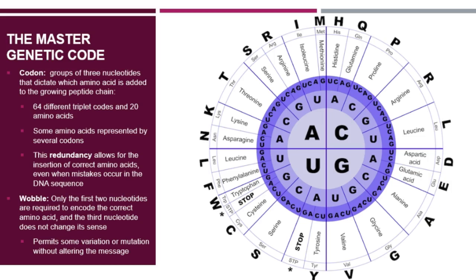The third nucleotide doesn't change the amino acid. So this also allows for some variation or mistakes without changing the message. So you're still going to get the correct amino acid, even if the third nucleotide is not an exact match.